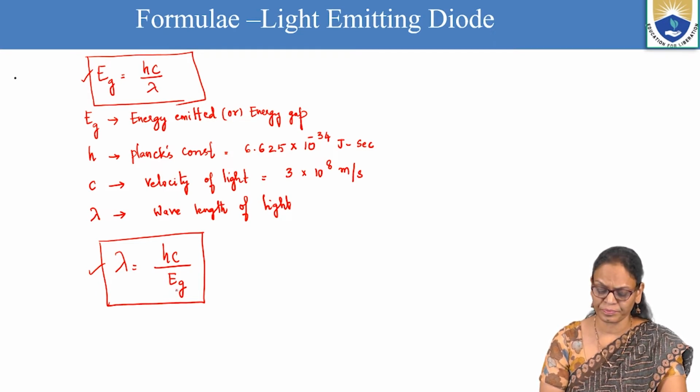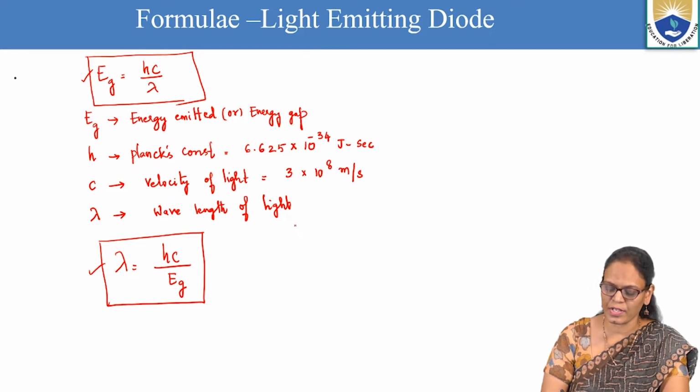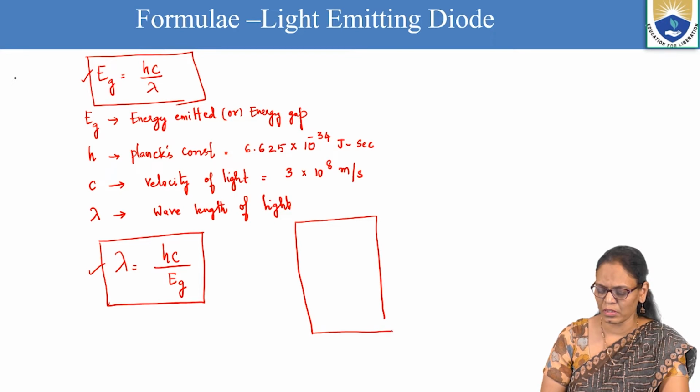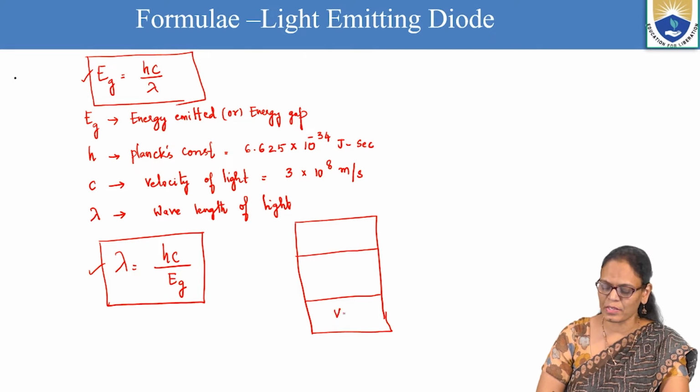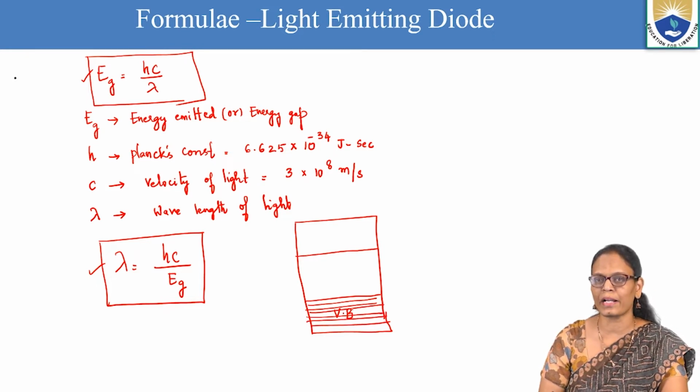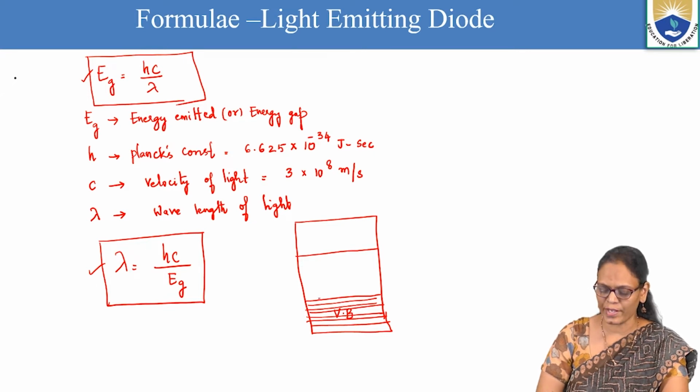And then one concept we need to understand is, whenever we are talking about the energy band diagram, this is the valence band. That is, the energies possessed by all the valence electrons put together will form a band, and we are calling it the valence band, and the topmost level here is Ev.